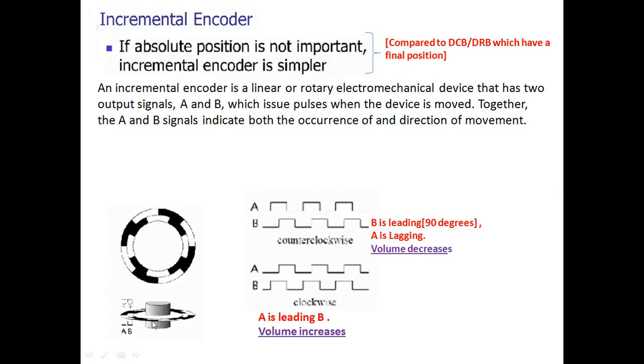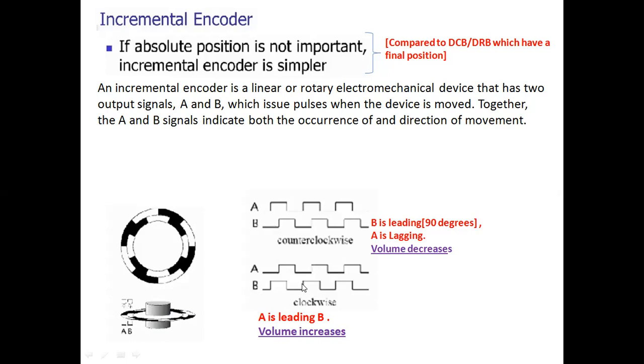The inner circle is for B and the outer circle is for A. Now if the knob is moved in the clockwise direction, then A will be leading the B circle by 90 degrees.